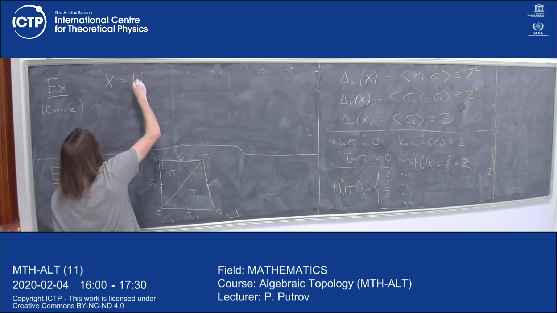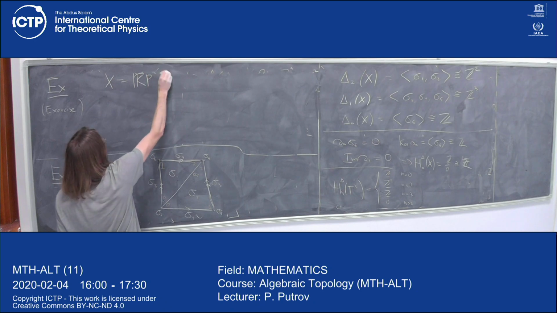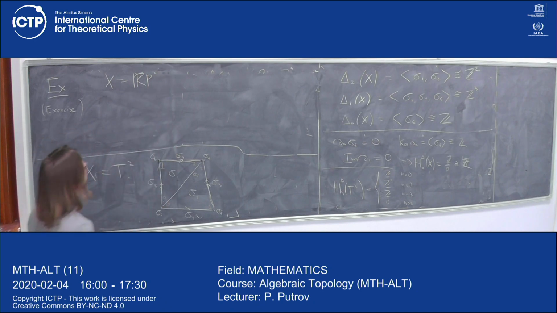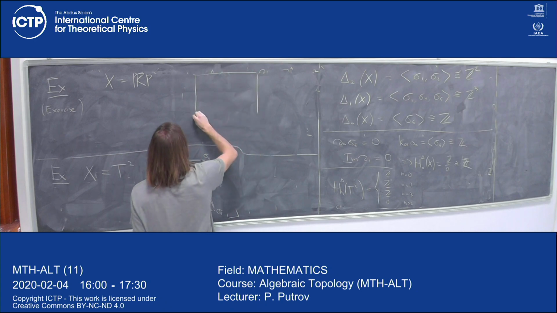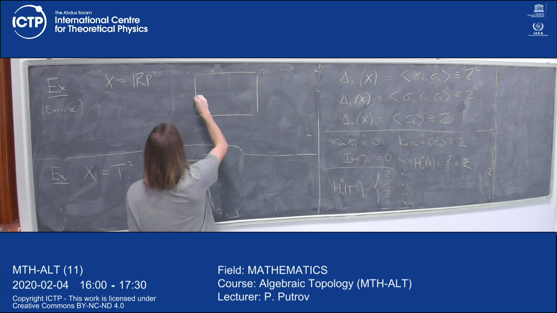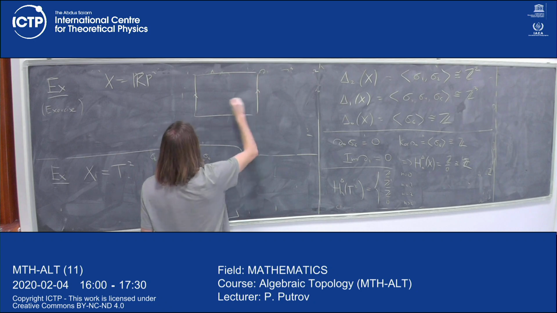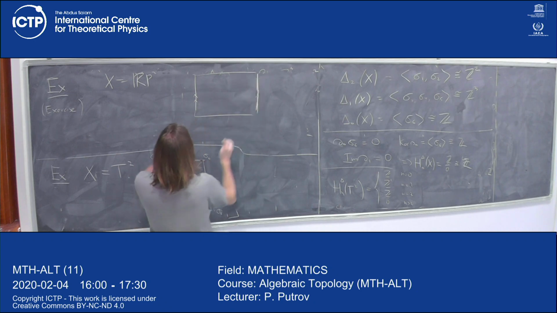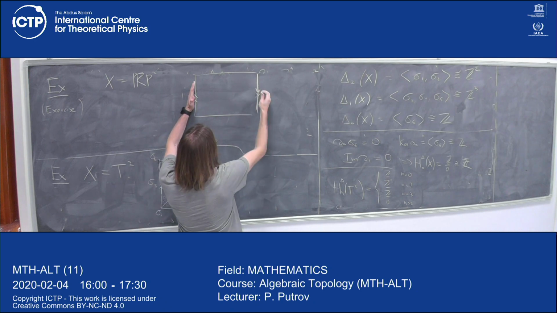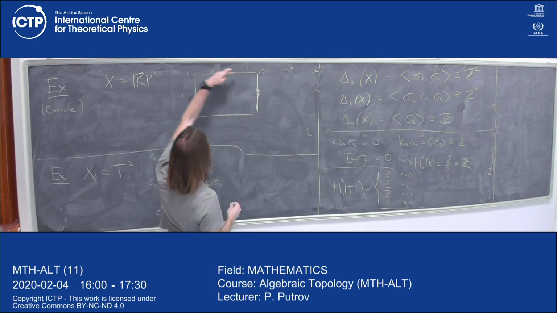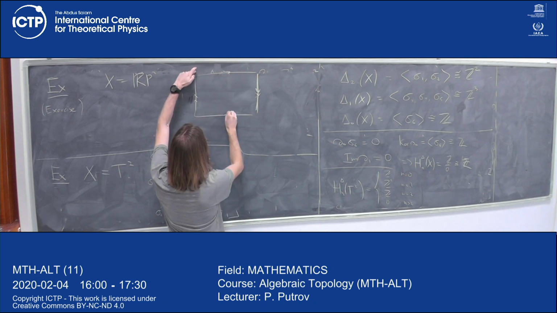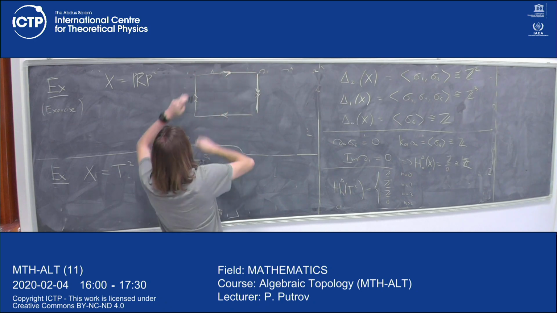Take X equal to RP2. Similarly, you know that RP2 can be realized by a quotient of a rectangle, where I identify this edge with this edge, but with opposite direction, and similarly this edge with this edge with opposite direction.